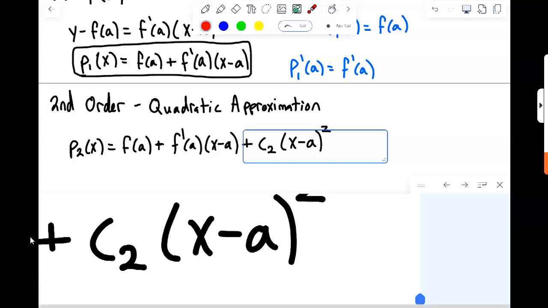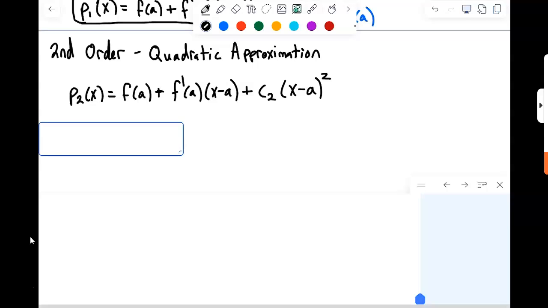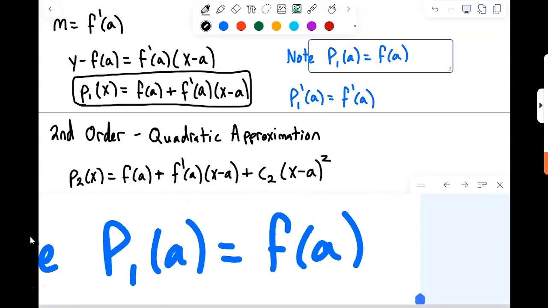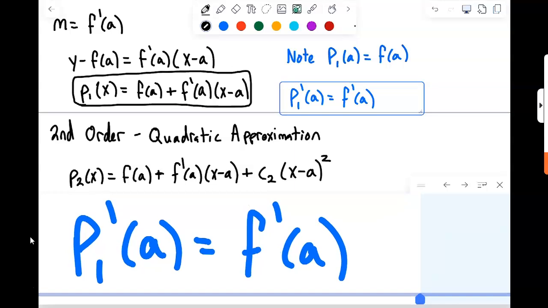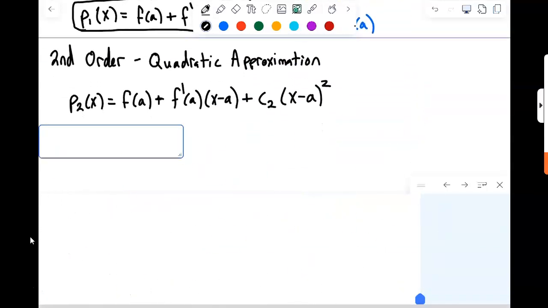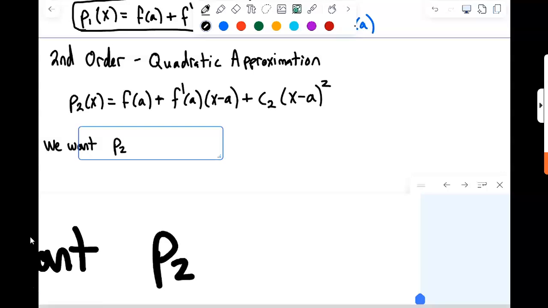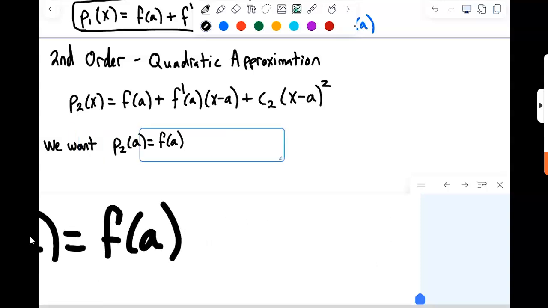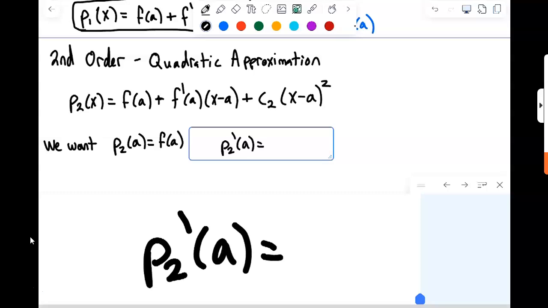So a few things that we'd like to have happen here can help us figure out what C2 is. We would like, as happened with our P1 polynomial, for our function value to agree and for our derivatives to agree, as many as we can compute. So what we would like to have is that P2 of a should be the same as f of a. And we would also like P2 prime of a to agree with f prime of a.